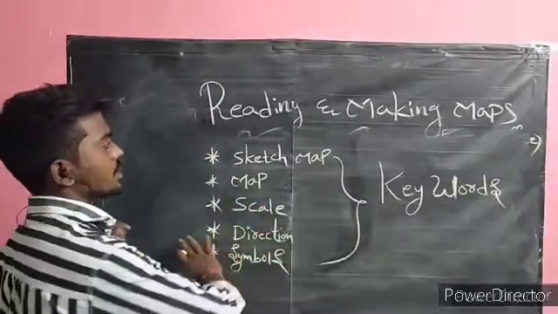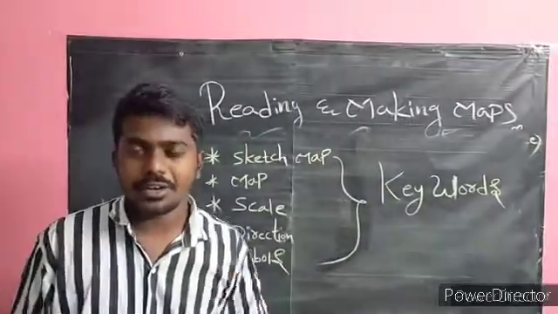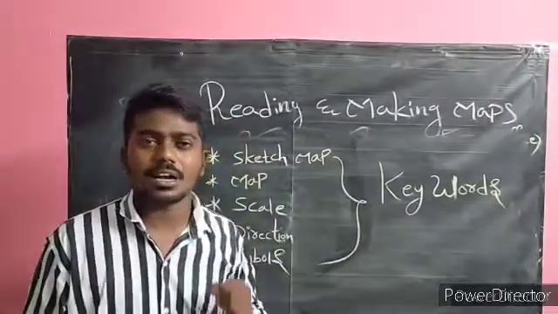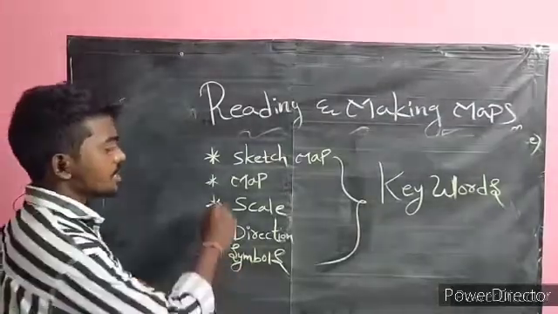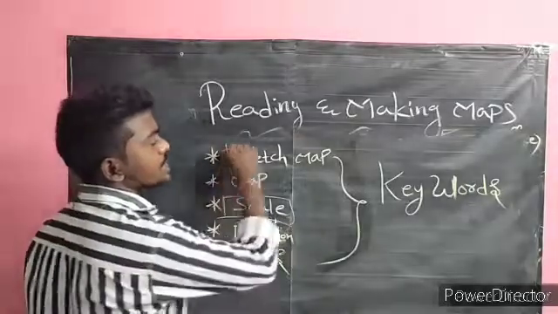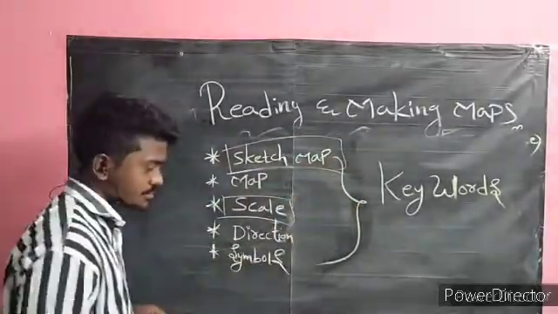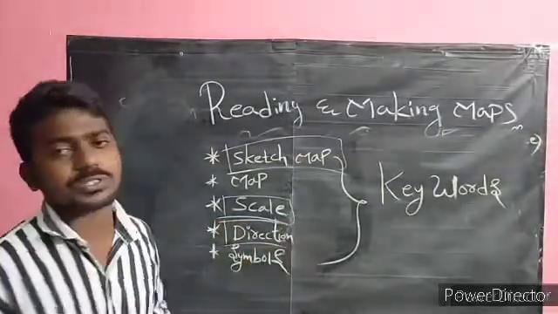By this, I think you gained some knowledge about the maps. Try to see our district map, our state and country map. Check the scale in your map. Try to draw the sketch map of your village. Try to see the direction, which is the north, which is the south.